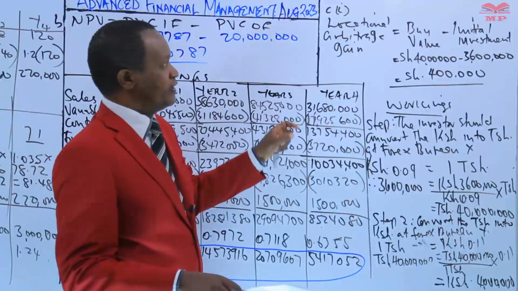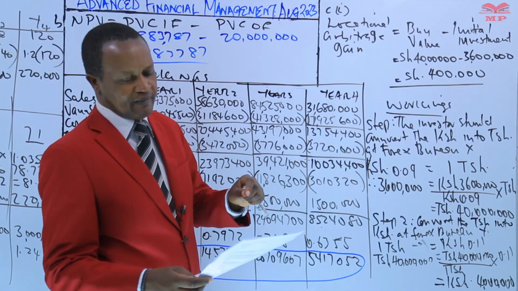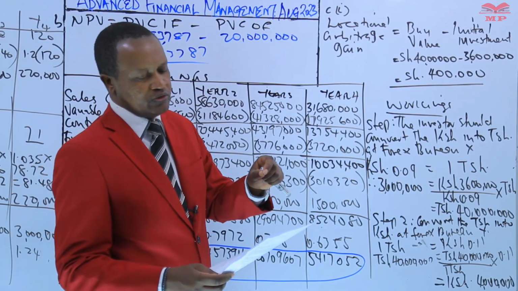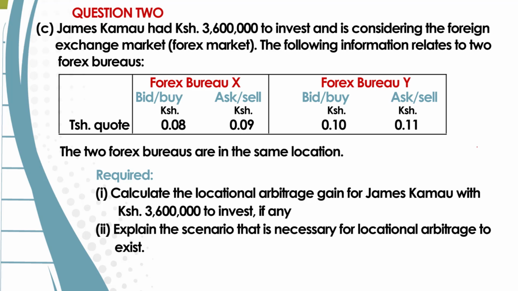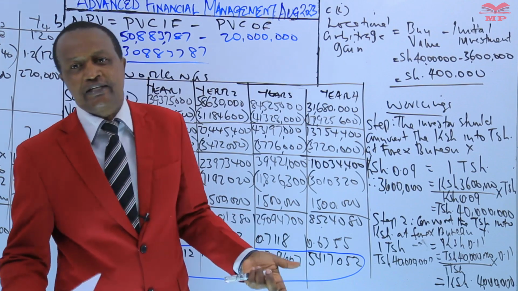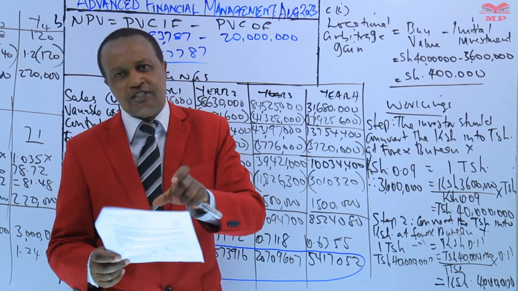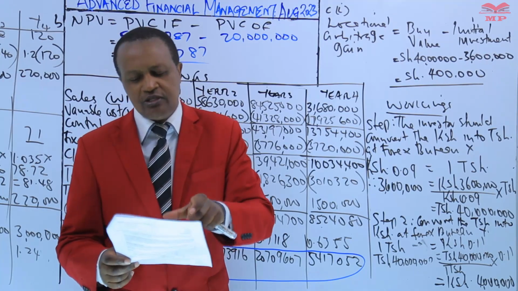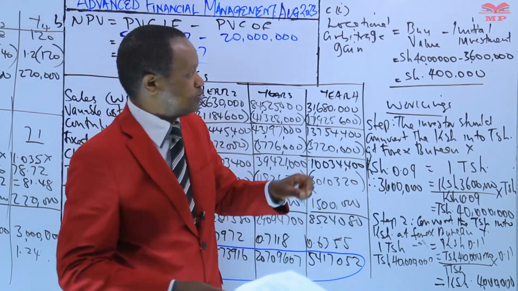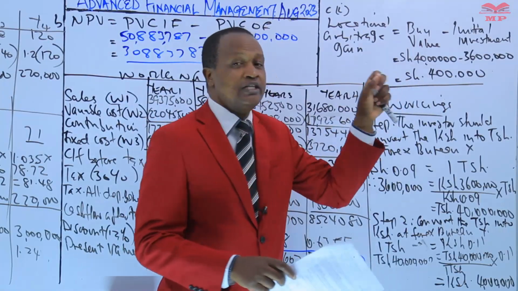Because, for example, if this investor went to these two forex bureaus and the exchange rates were the same, there is no way this investor could gain anything. But because there were discrepancies or differences in prices, it was possible for this investor to earn the 400,000 shillings.